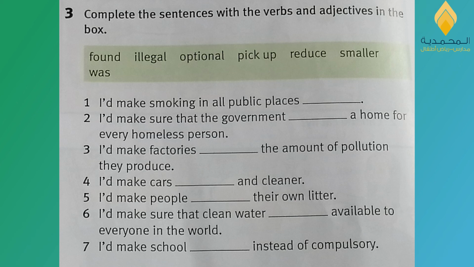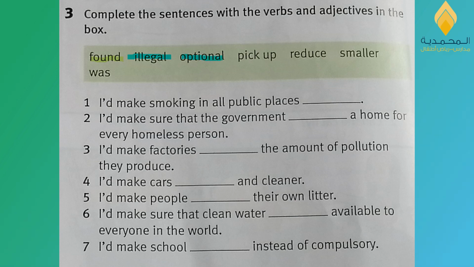Now, let's have a quick look at exercise 3 on page 72. Complete the sentences with the verbs and adjectives in the box. Let's have a quick look at the words. Found, it's the past tense of find, to look for something. Illegal is an adjective, and it means something that is against the law. Optional is an adjective which means that you do something voluntarily.